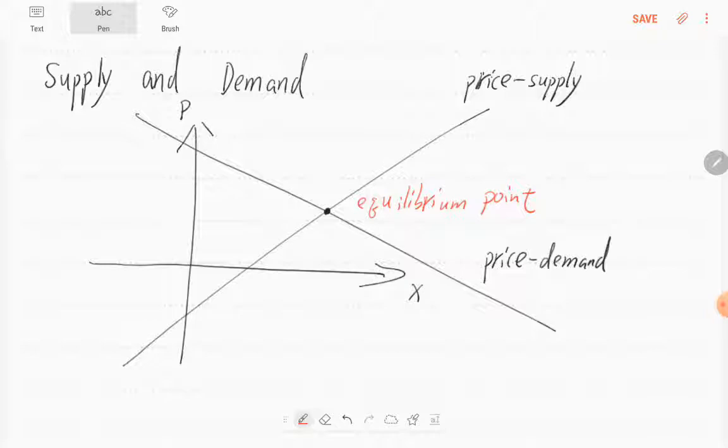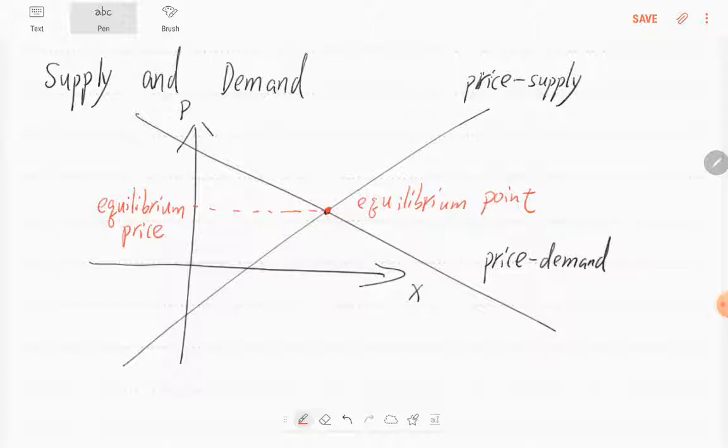The price at this point is called the equilibrium price. So that is the y-coordinate of this point.